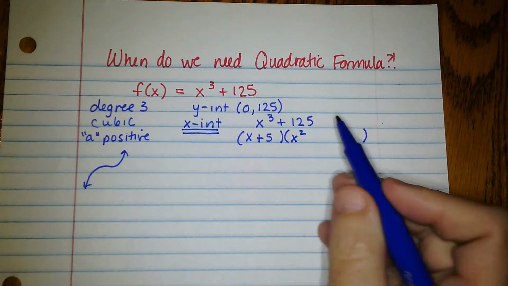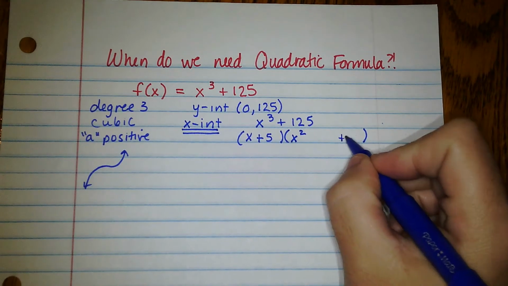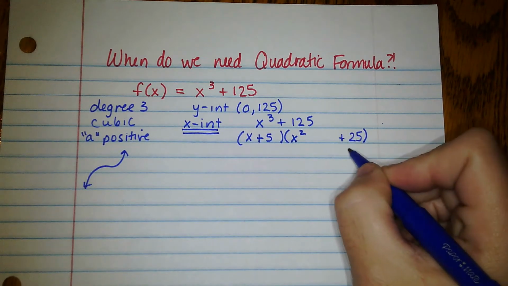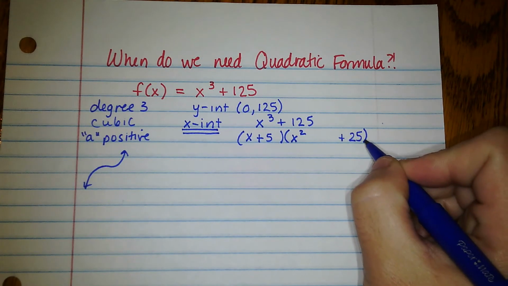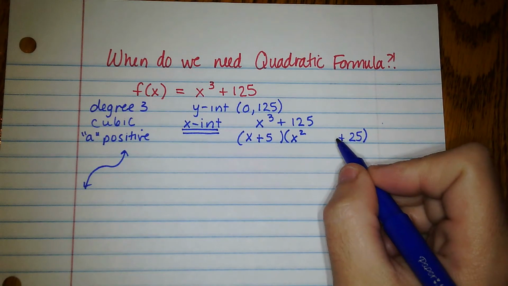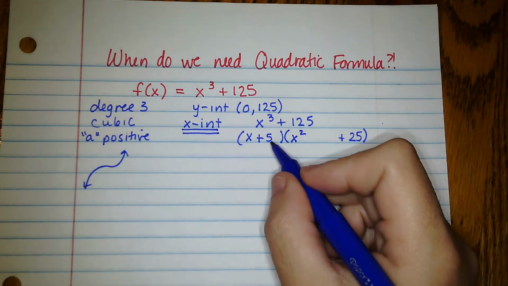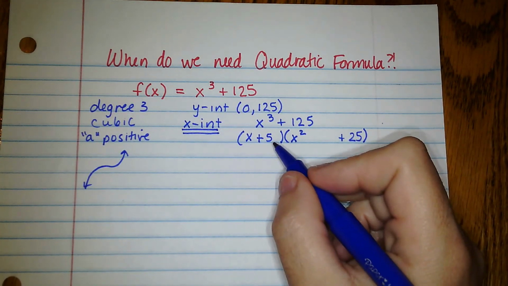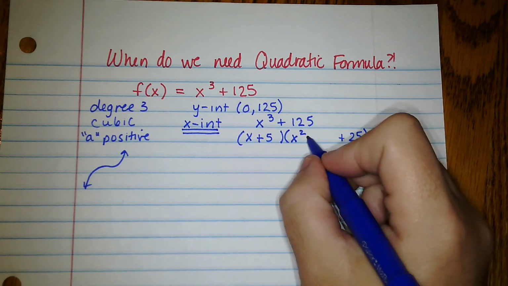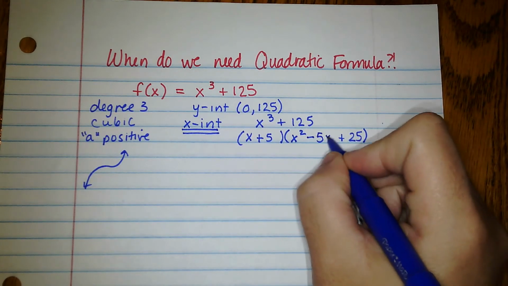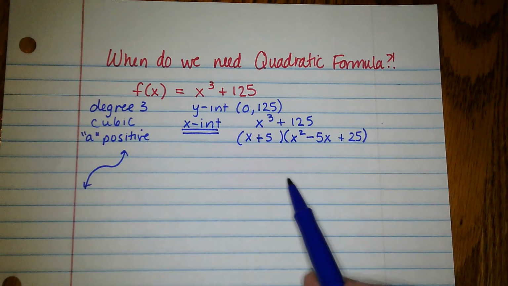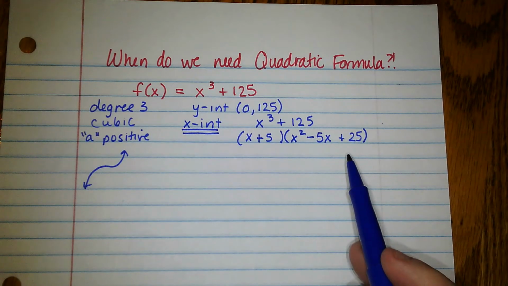That's 25, so that's the end term, and this end term is always positive. It's the little booger in the middle that makes things more complicated. But all I do is multiply the first parenthesis together, 5 times x, and take the opposite sign. That's all you have to do. So this is factored.